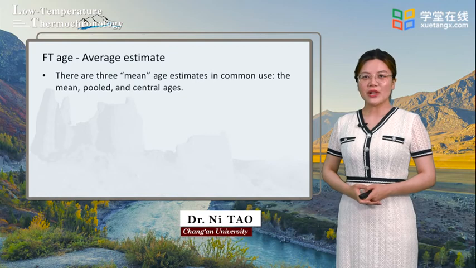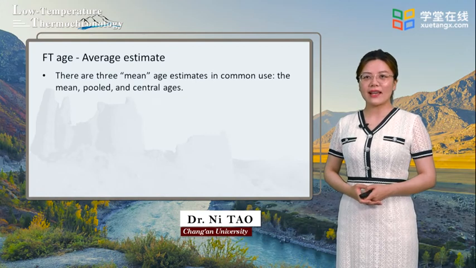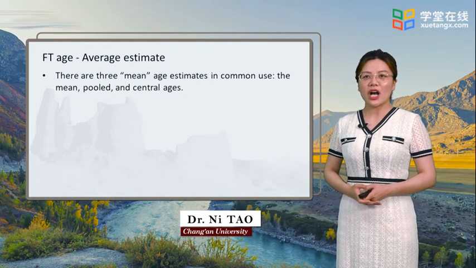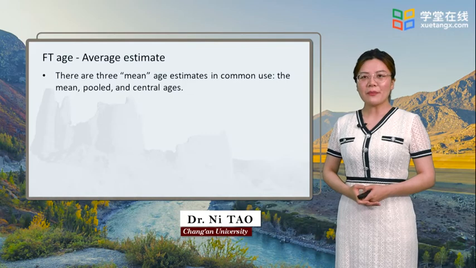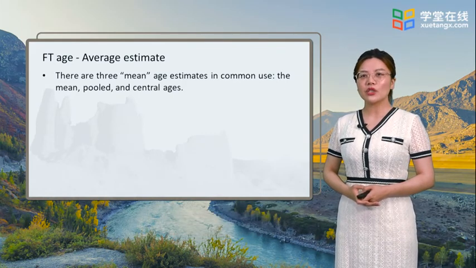Typically, the fission track age is reported as some kind of average estimate of the individual, typically 20 to 40, single grain ages. There are three main age estimates in common use: the mean, the pooled, and the central ages.